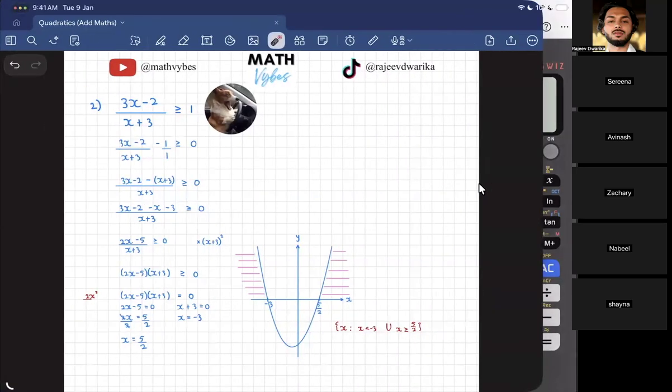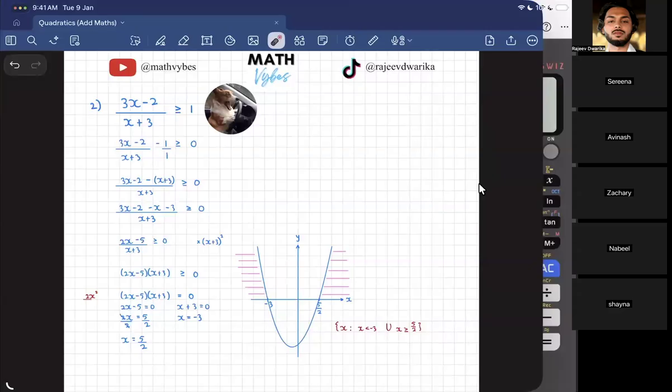Do you all know how to verify if your answer is correct by chance? Yes or no? Can somebody tell me how you would verify if your answer is correct? Nabil, do you have any idea how you could check if your answer is correct or not? If it's not more than 0, you're wrong, right?